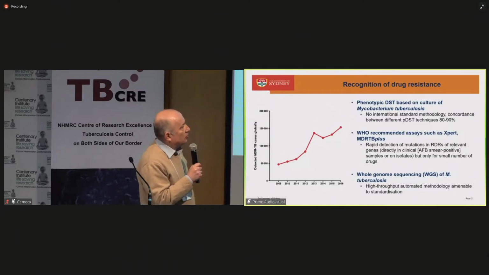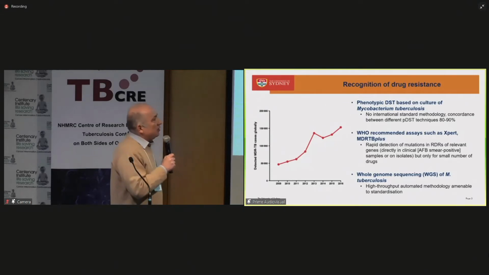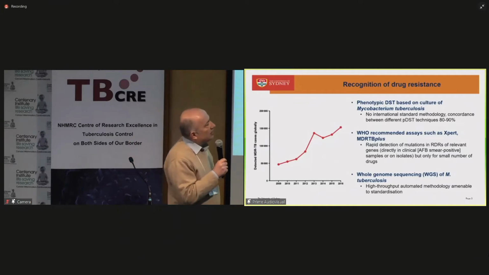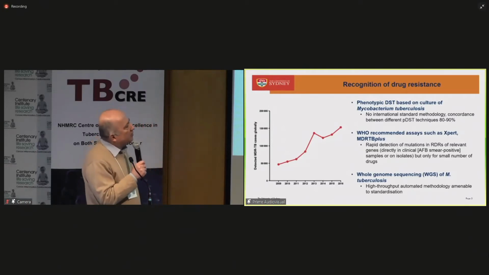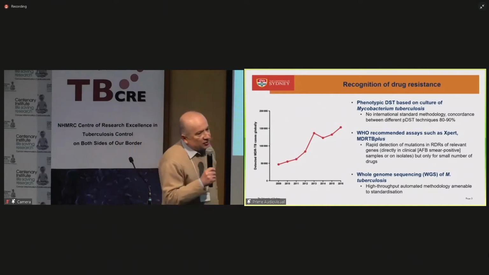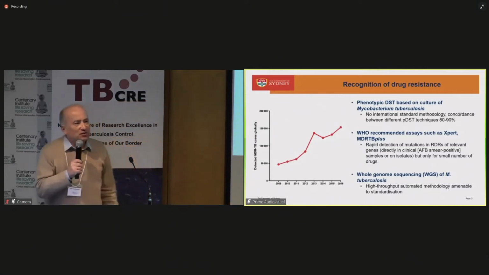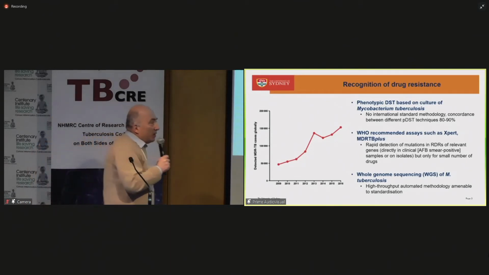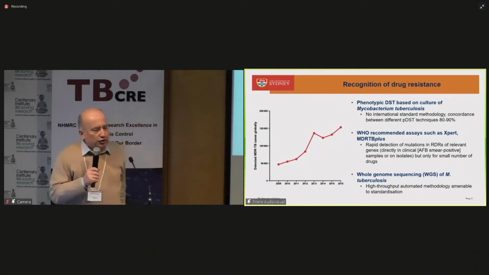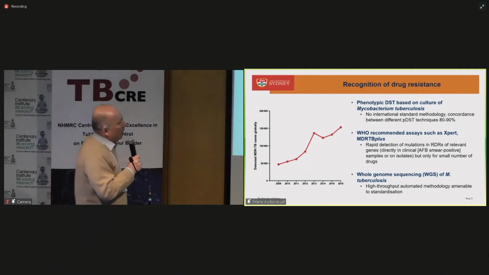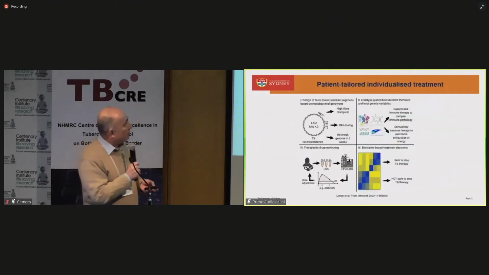These tests include GeneXpert in different iterations and MDR-TB plus Hain assays, but only a small number of drugs can be assessed by these assays due to the number of targets in these PCR-based assays. And whole genome sequencing, which might seem like a luxury following the presentations yesterday and this morning, is amenable to standardization and gives you the ultimate high-resolution genome-wide perspective on mutations conferring drug resistance.